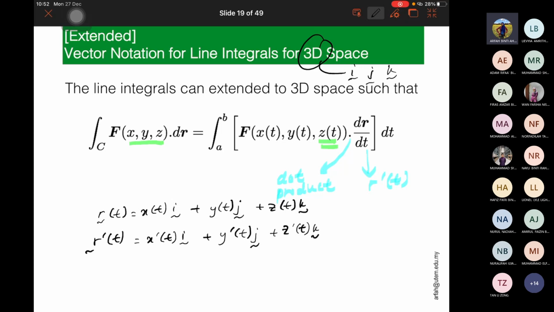What if you have f is a vector function of x, y and z? Okay, so for this one, let's take a look into this example.